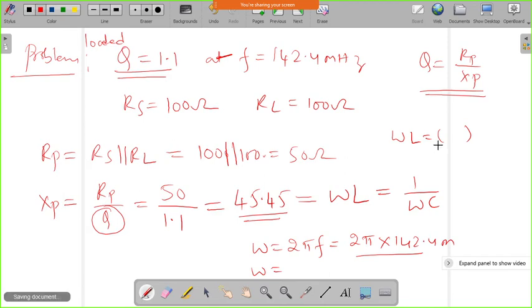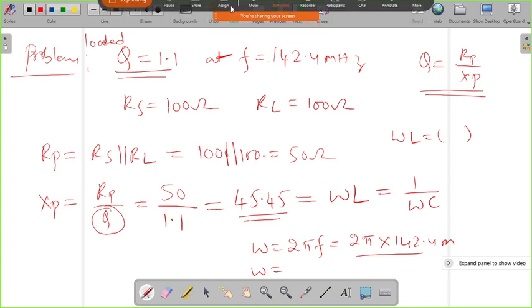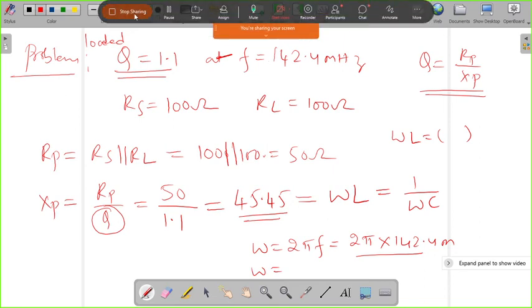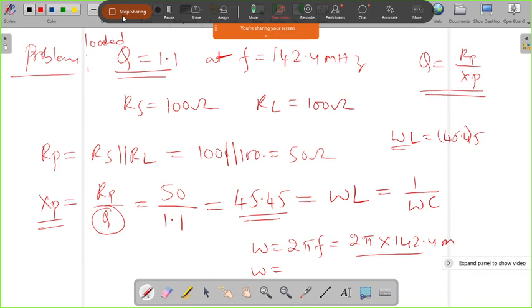Can anybody calculate what is omega and what is L? Now we know Xp is 45.45, which is nothing but omega L. So calculate omega from this equation. Can anybody tell what is omega?